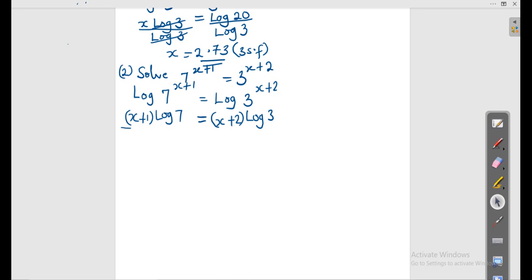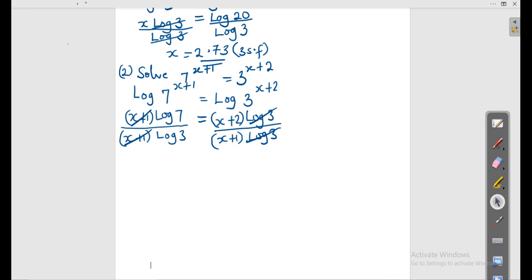So I can decide to divide both sides by, let's say, x plus 1 and log 3. Divide these by x plus 1 log 3, so that log 3 can cancel log 3, x plus 1 can cancel x plus 1. It doesn't have to be x plus 1 log 3.